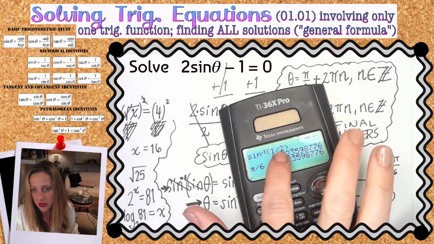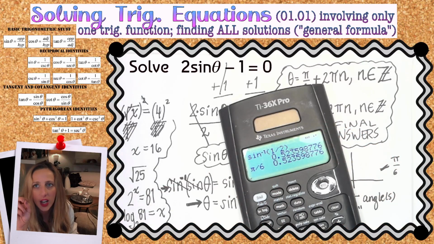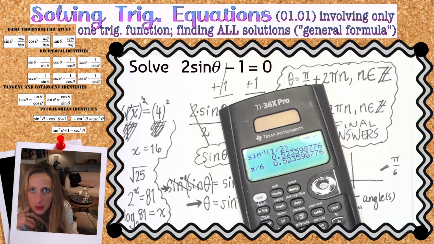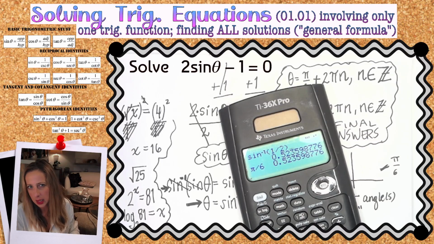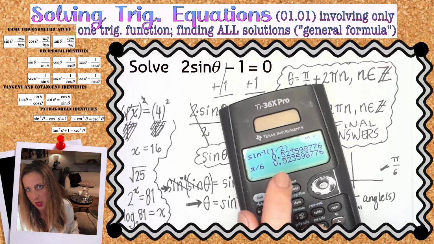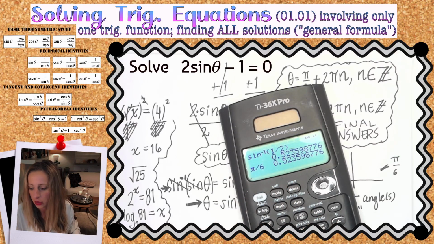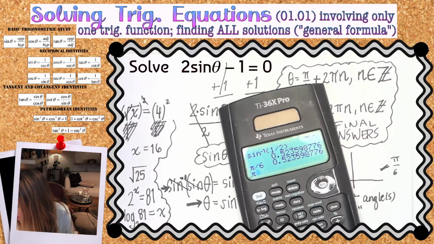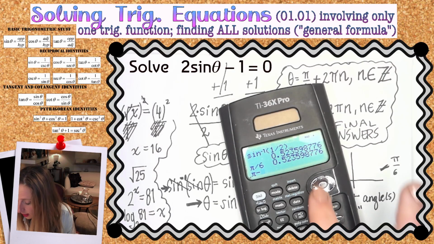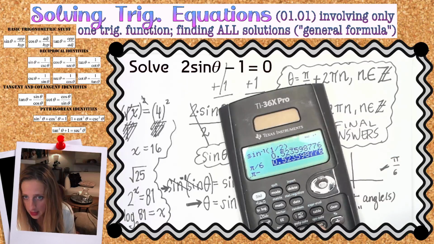And we say to ourselves, sine is positive a half. What other quadrant is sine positive 1/2 in? Oh yeah, quadrant 2. Well, how do I end up with that same reference angle that this gave me? This gave me an angle in quadrant 1. That's a reference angle right there. I need to find one in quadrant 2. So what I would do is I would go in and do pi minus, and then I would subtract the decimal from before.